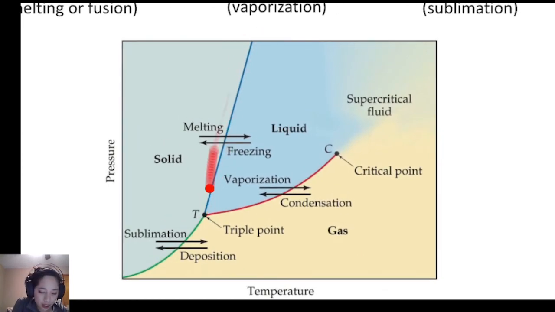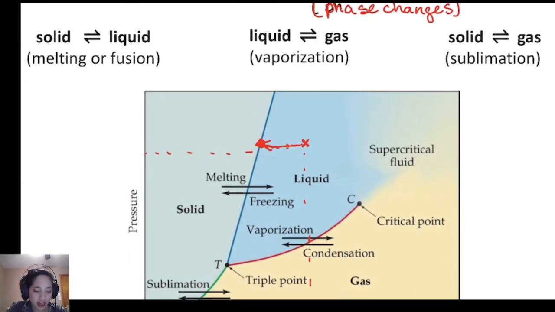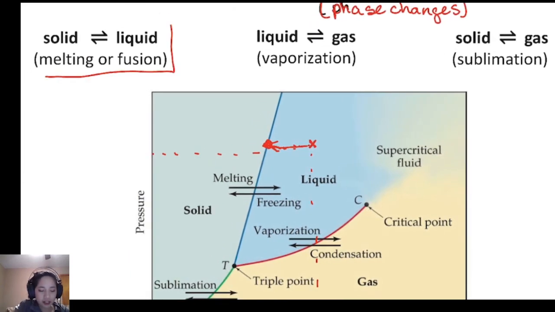So this blue line, if I have a liquid, so I'm at this particular pressure and temperature, and I decrease my temperature, staying at the same pressure, eventually I'll hit a certain temperature at which the phase change starts to occur. So I hit that line. At that line, I have our solid-liquid equilibrium.